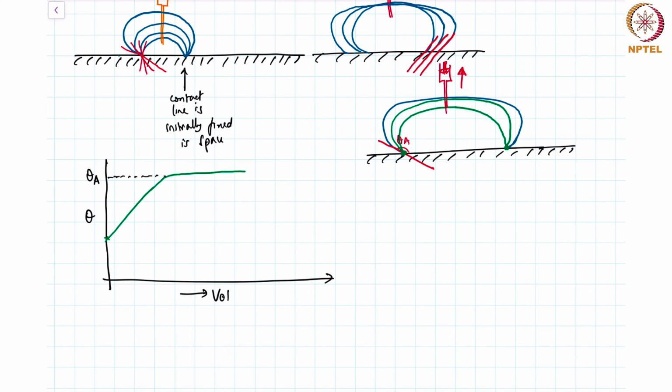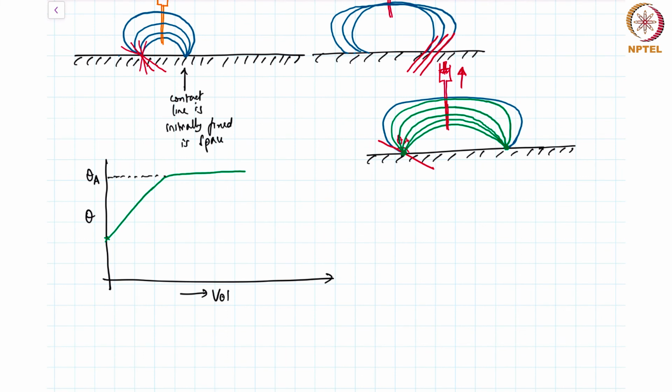Before somebody makes a comment that my syringe is not penetrating inside, let me push the syringe a little bit in. So the angle basically keeps reducing, and it has now reached some lowest angle that is possible.